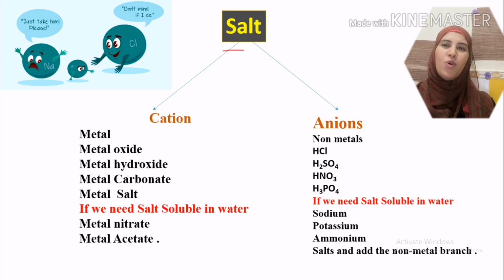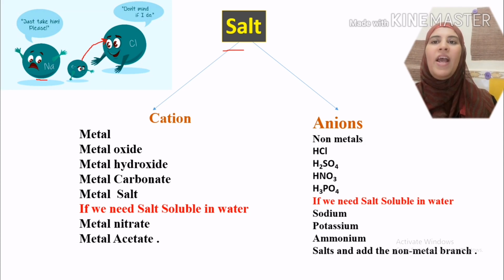He wants to leave all our babies. He doesn't like to carry the baby, so he will transfer the electron to the mother. So our salt is like a family: the father starts to travel and transfers the baby to his mommy. So we will have a cation, the father, and we will have an anion.